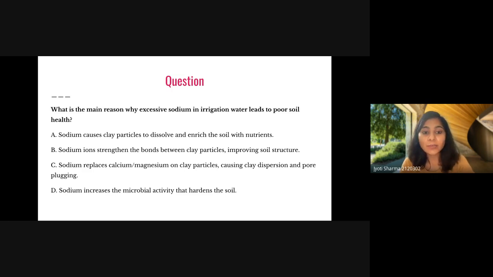C: Sodium replaces calcium and magnesium on clay particles, causing clay dispersion and pore plugging. D: Sodium increases the microbial activity that hardens the soil. So why is it said that whenever we have a higher value of sodium in irrigation water, that will give you poor soil health? Why is this happening?